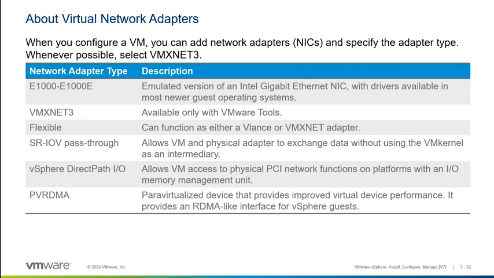But the idea here is, in your virtual machine, you would need to install the device driver for that physical adapter. Finally, we have a paravirtualized RDMA adapter, which allows a virtual machine to use remote DMA type Ethernet adapters.